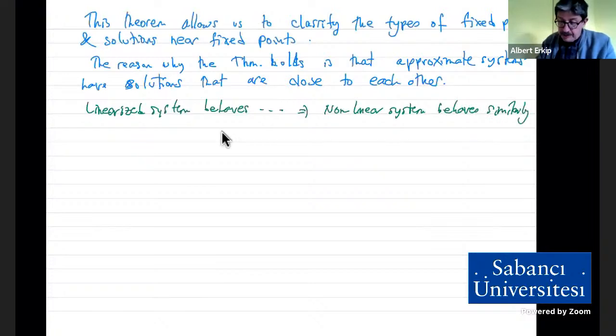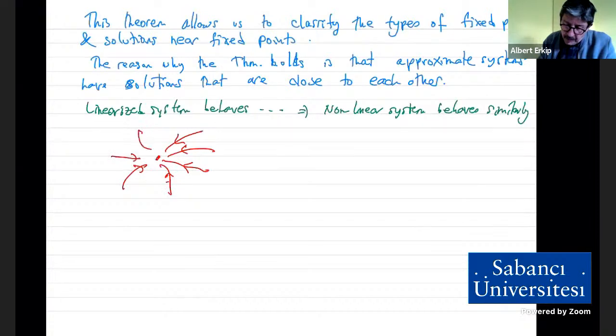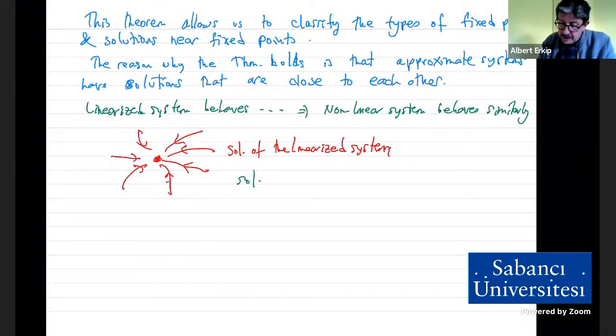Well, let me make a picture or two, and you'll see how that works. For instance, if for the linear system solutions are like this, solutions of the linearized system are like that, then solutions of the nonlinear system should be close, so basically should do similar things.